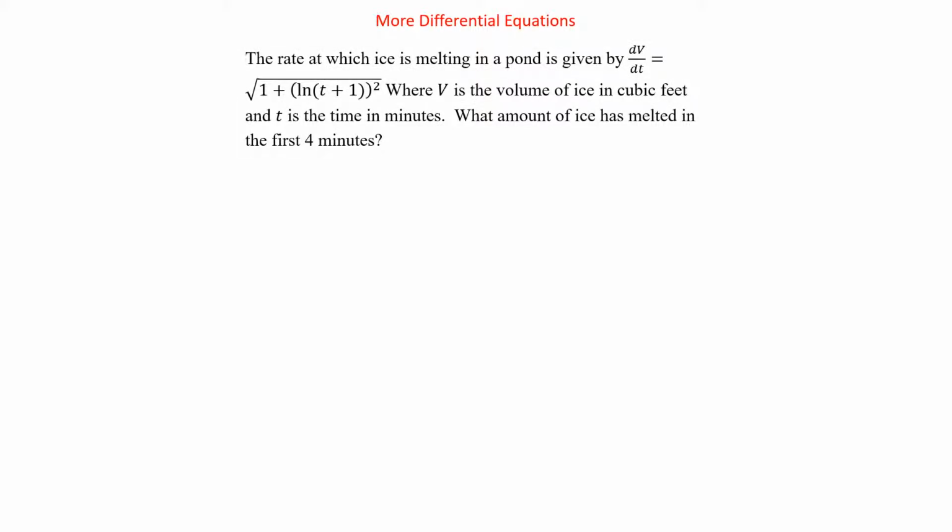Third piece, we're going to see some more differential equations in this section. I use the term differential equations loosely because it's an equation of the derivative. So something like dV over dt equals this, which has only t in it. So you would just multiply over and find the antiderivative.